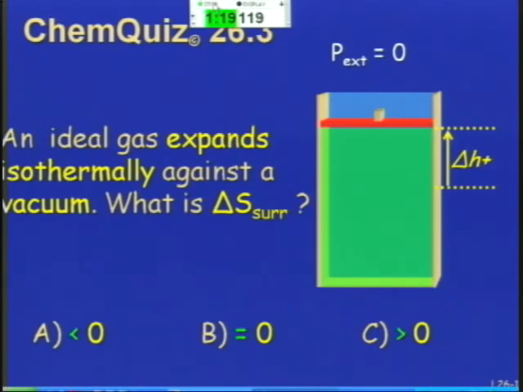What happens to the surrounding? Is there any change or is there no change? For the entropy to change, there has to be something happening to the surrounding.